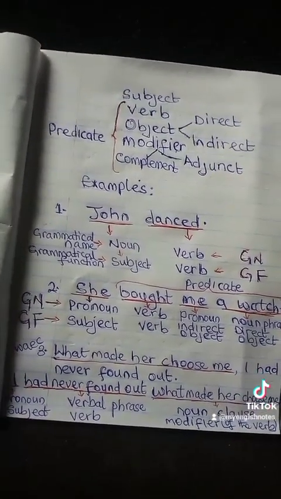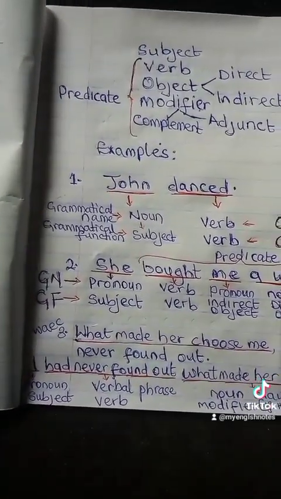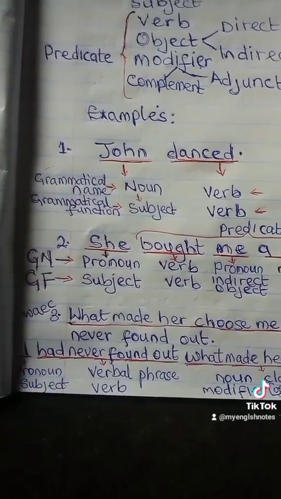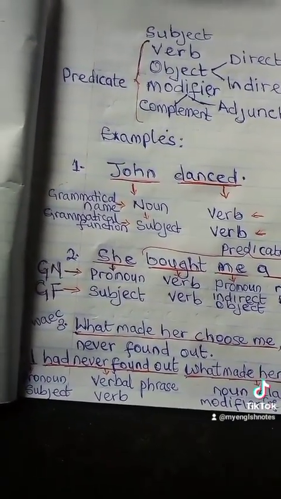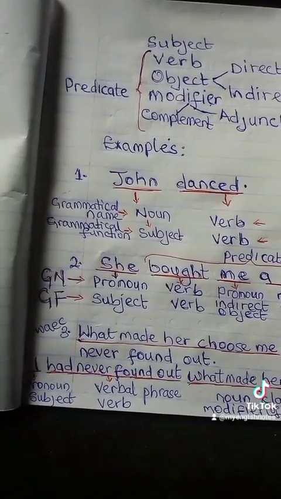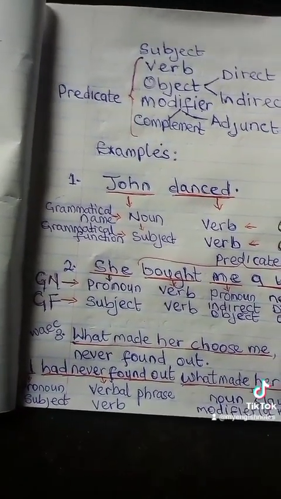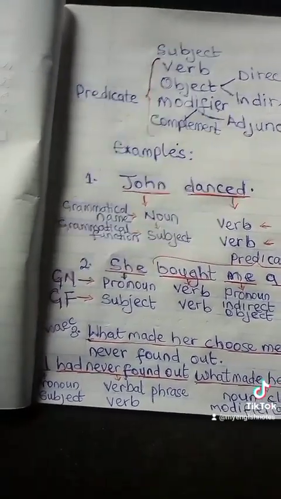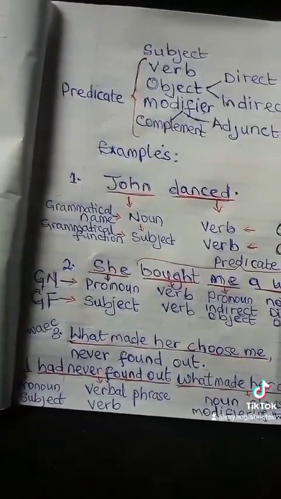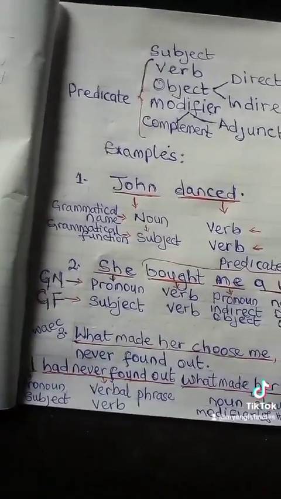Now, had never found out is a verbal phrase. It's a complex verb structure. It's a phrase that has a main verb and other auxiliary and modal verbs, and it's functioning as a verb here.